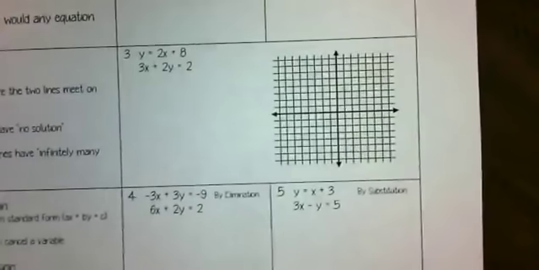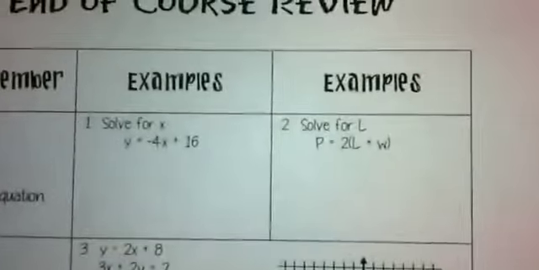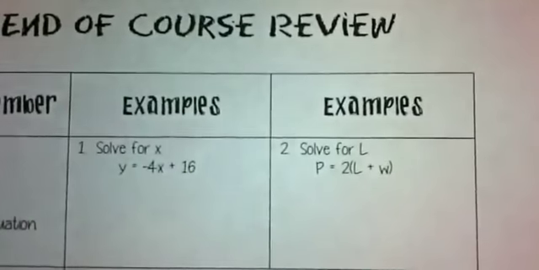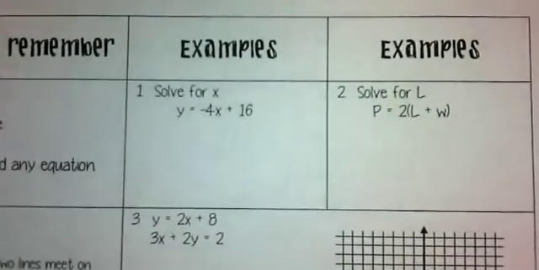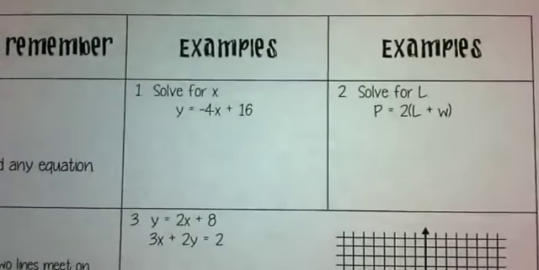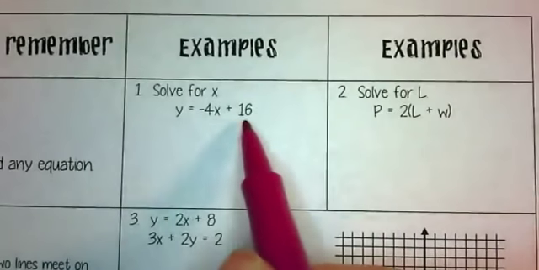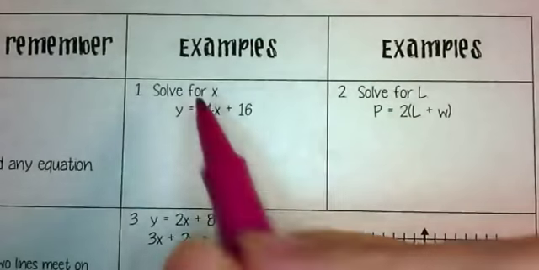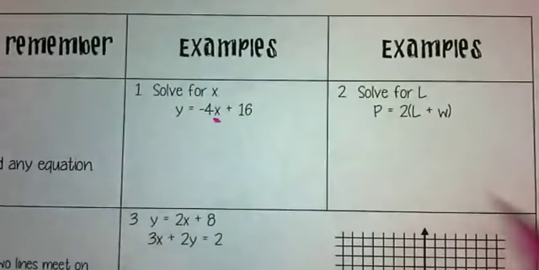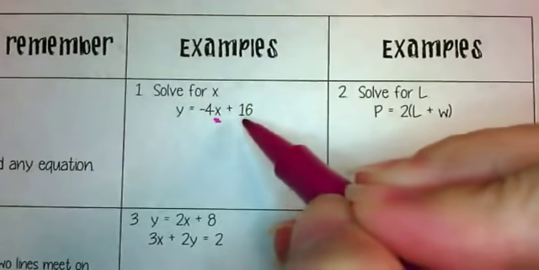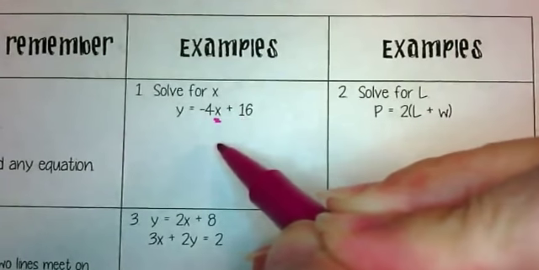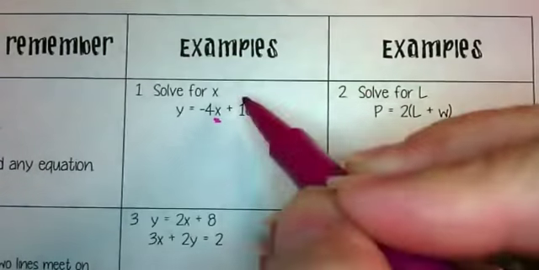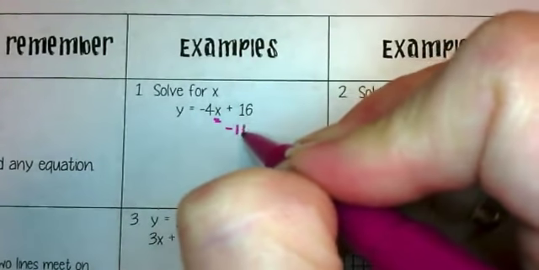So looking at example number 1, let's see here. I'm borrowing another camera. All right, we're going to take this, which is slope-intercept form, and we're going to solve for x. So what that means is that we want to get the x by itself. The first thing we would need to do would be to subtract 16 from both sides.